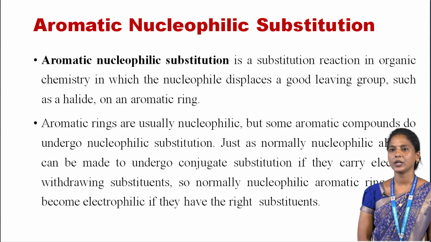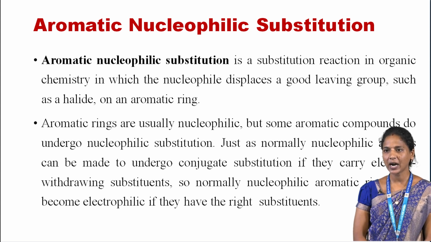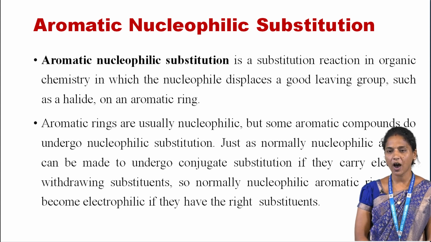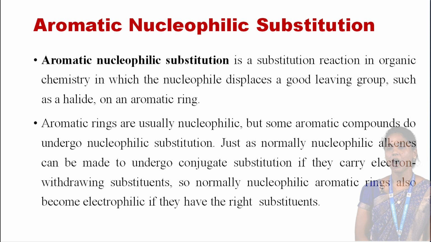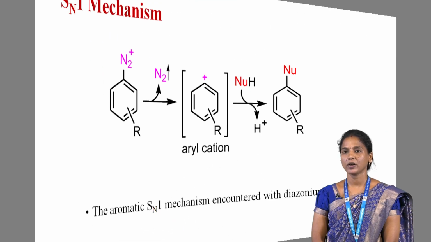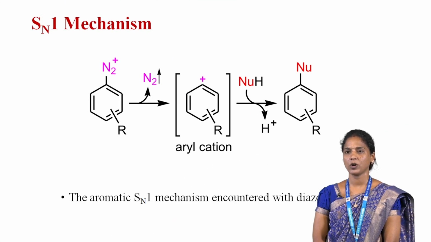Just as a normally nucleophilic alkene can be made to undergo conjugate substitution if it carries electron withdrawing substituents, so normally nucleophilic aromatic rings also become electrophilic if they have the right substituents.